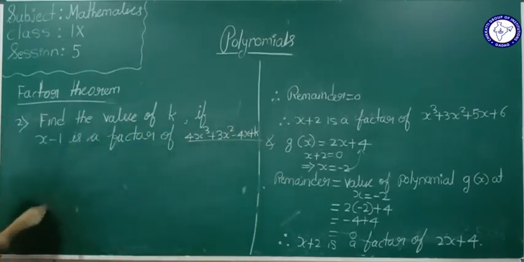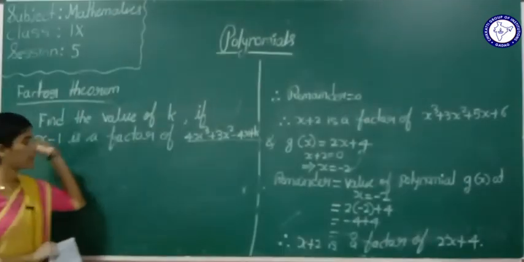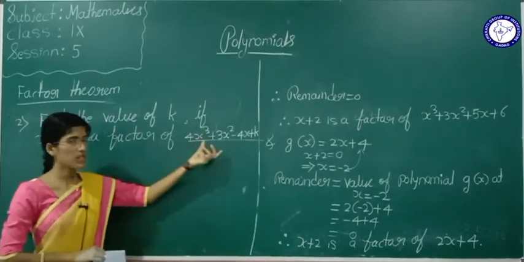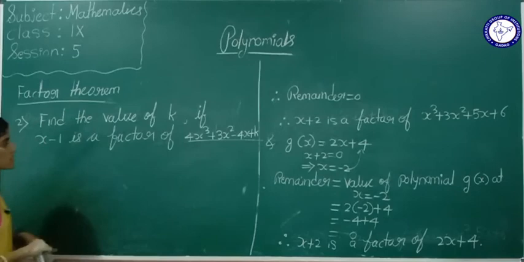If x minus 1 is a factor of this thing, then definitely the remainder is going to be what? 0. Yes or no? See a solution.